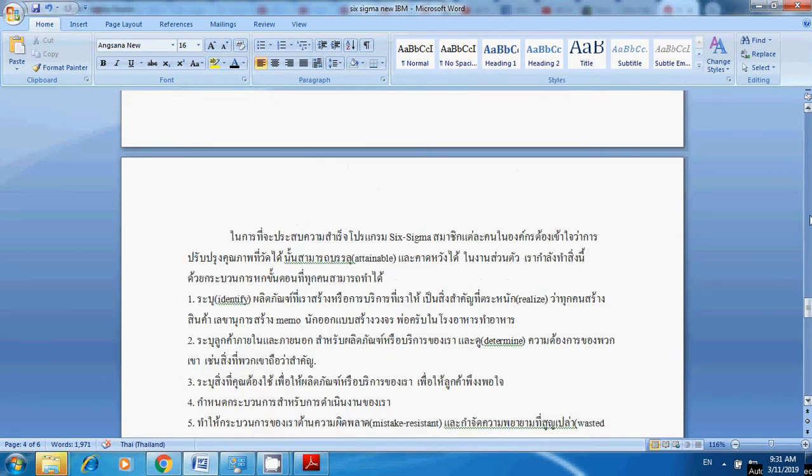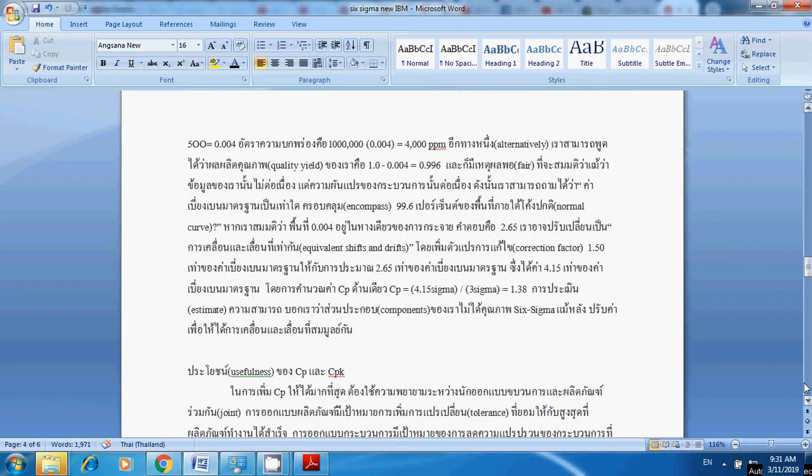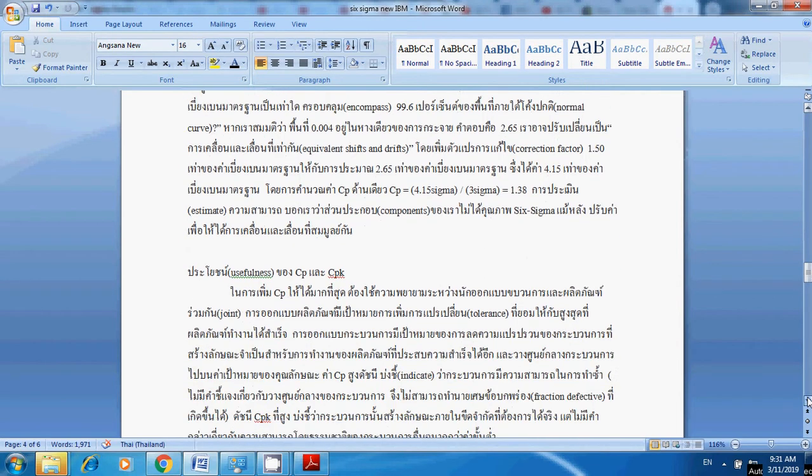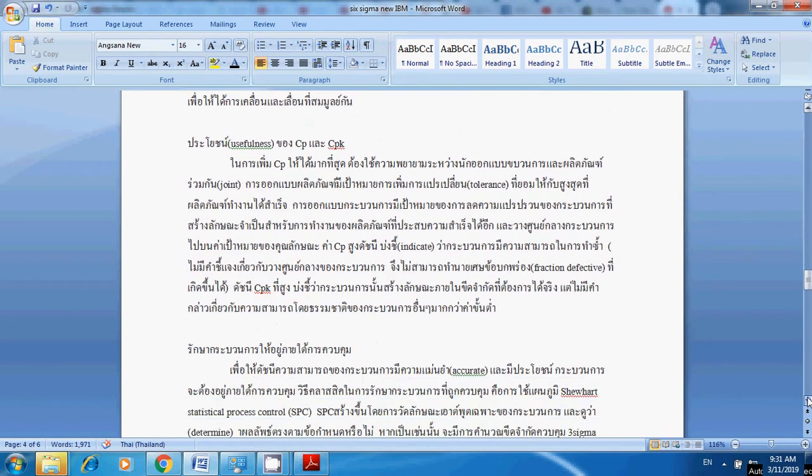Okay, after we talked about the introduction of the sigma, let's see here the usefulness of CP and CPK. To increase the CP as much as you can, we use the effort between the design of the product and the process together.